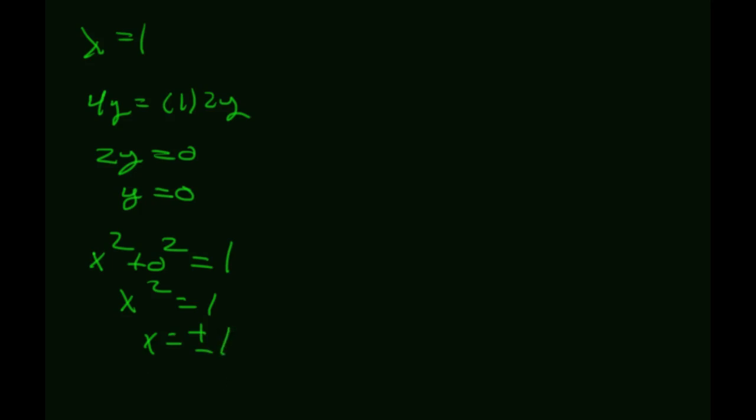So we have 2 points, 1, 0, and negative 1, 0, and if I put either of these into my objective function, I end up with 1 or 1.